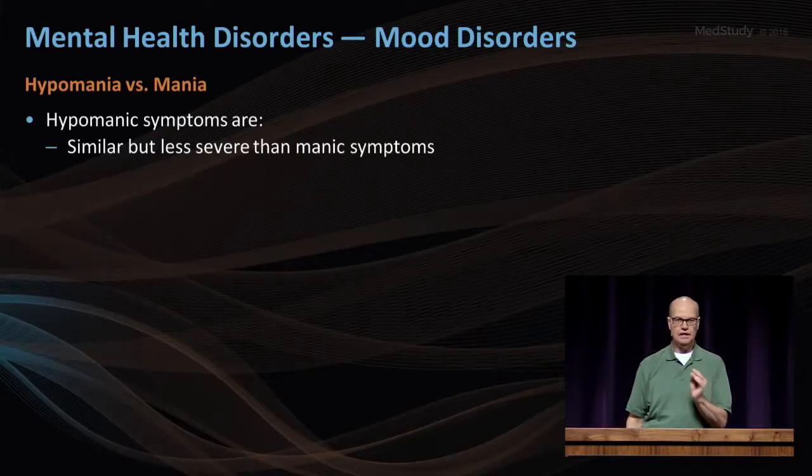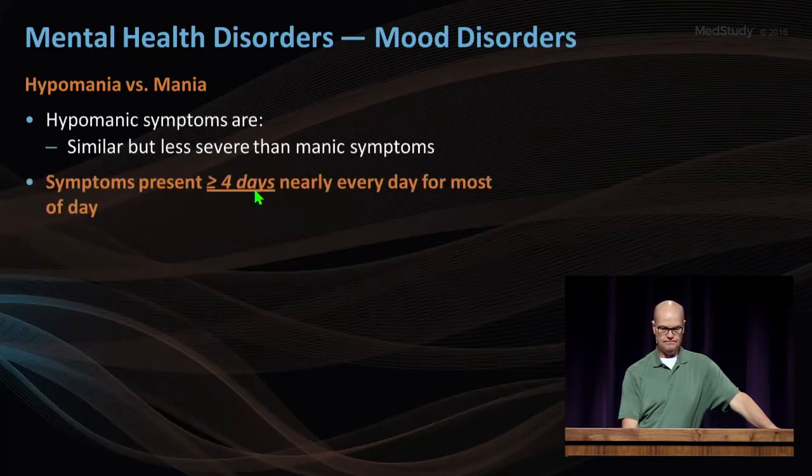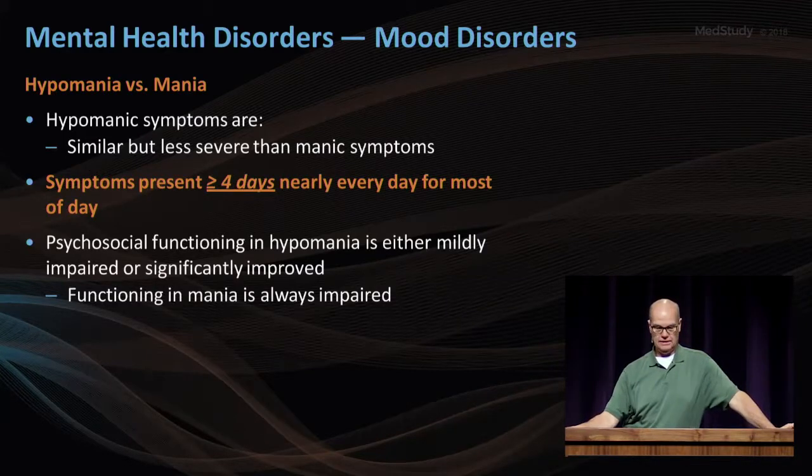So hypomania versus mania. Hypomanic symptoms are very similar to mania, but less severe in terms of intensity. Present for 4 days. Remember, the other was 7 days. And psychosocial functioning in hypomania is either mildly impaired or may actually be improved.